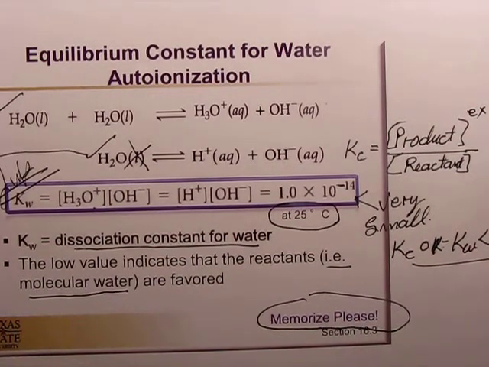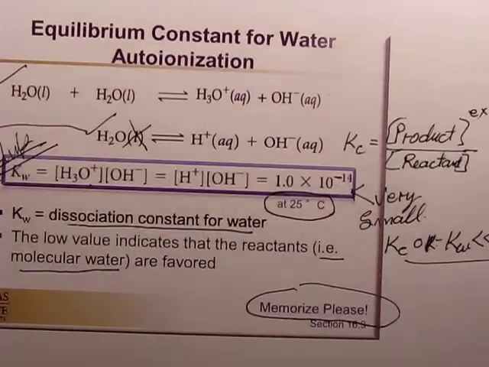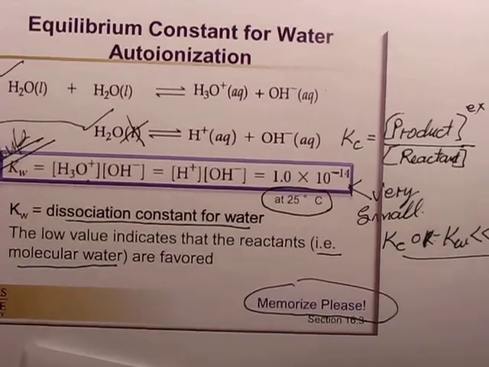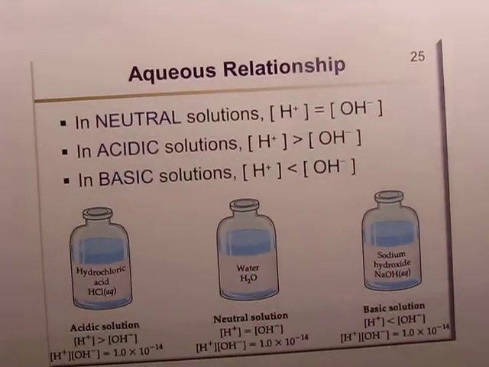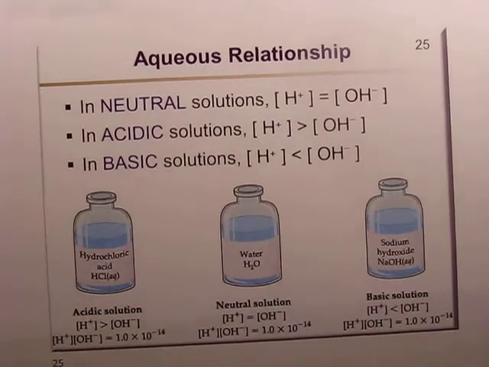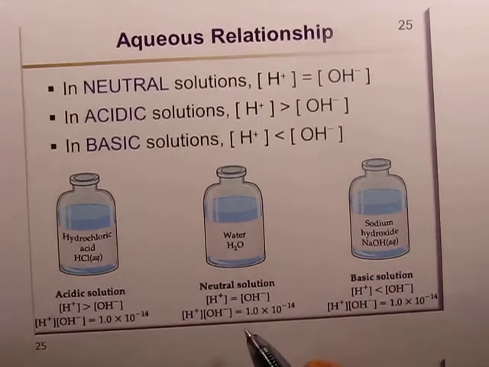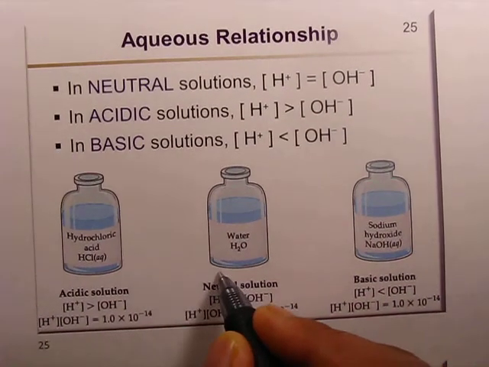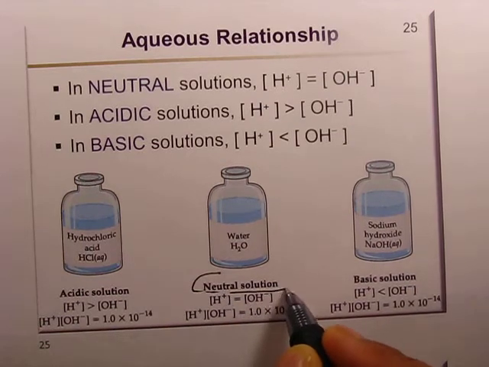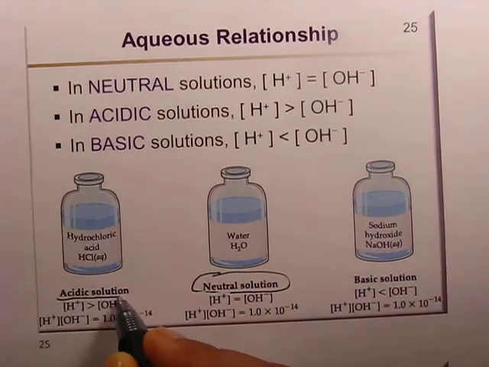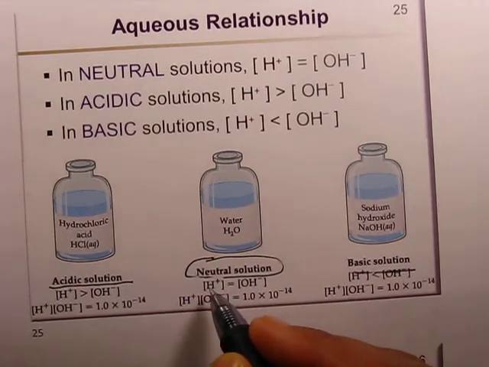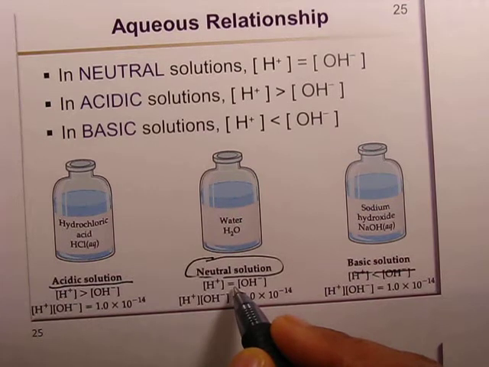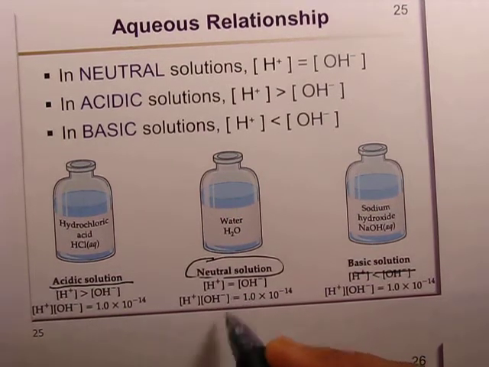So let's see another slide here, which is related to aqueous relationships. What it shows here is basically that there are three types of solution: neutral solution, acidic solution, and basic solution. In neutral solution, the concentration of hydrogen ion and hydroxyl ion is equal.